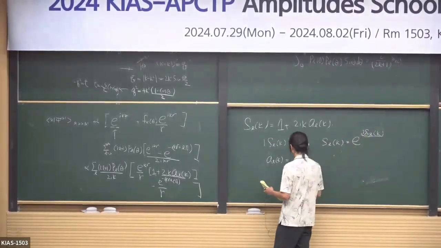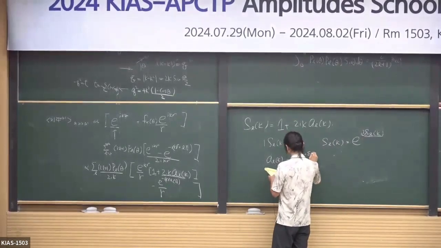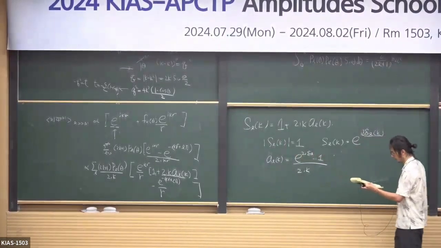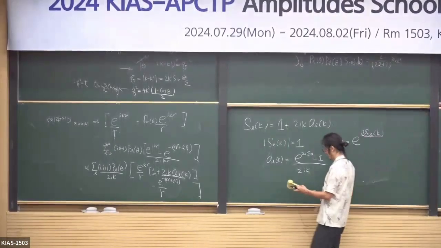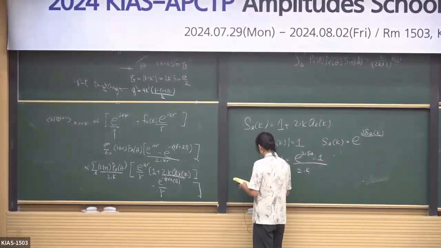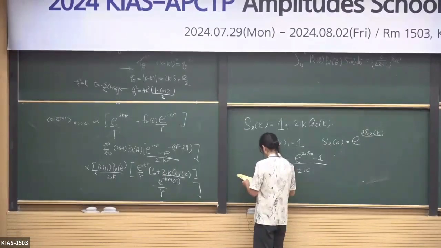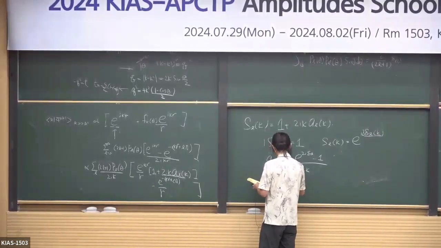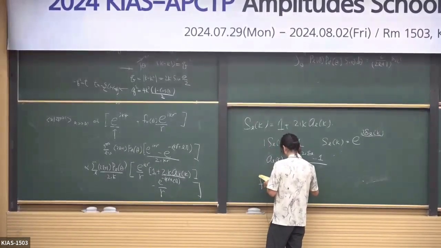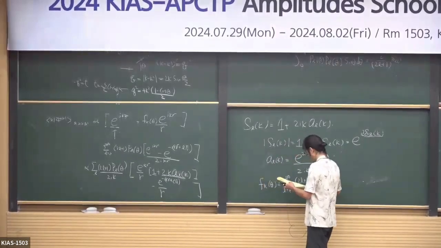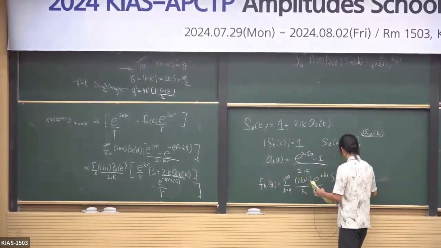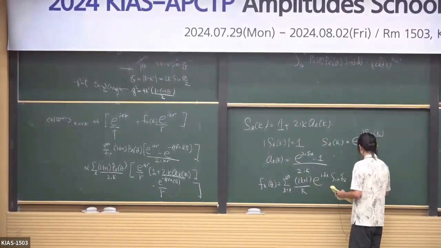We define it with a factor of 2, so it's just (2 e^{2iδ_L} − 1)/(2i), so that our scattering amplitude f(k,θ) must have this form: the sum of (2L+1)/k e^{iδ_L} sin δ_L P_L(cos θ).